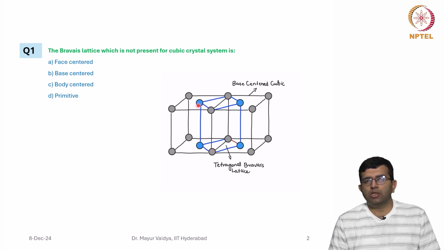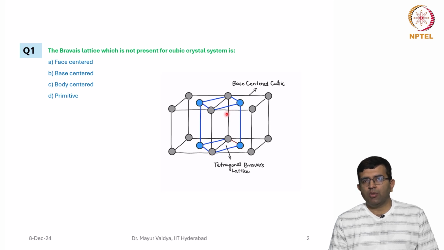You can see here these are the base centered atoms. If there was base centered cubic, it would have been corner atoms plus these base centered atoms. But this structure can also be visualized in a way such that you reproduce a tetragonal Bravais lattice. If you see 2 base centered cubic unit cells together, you can also generate a tetragonal Bravais lattice.